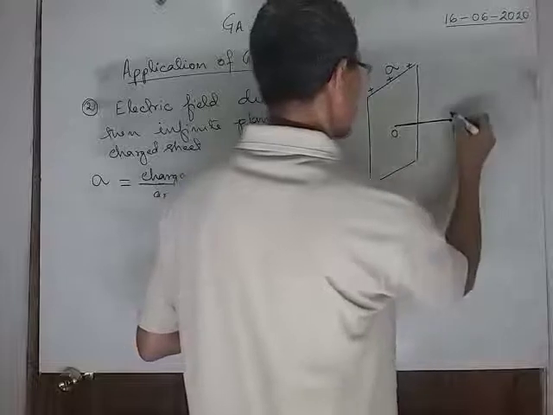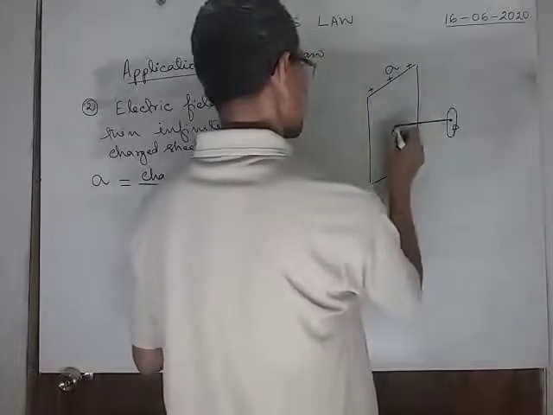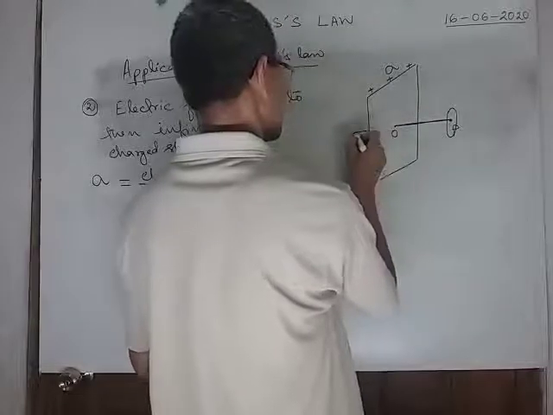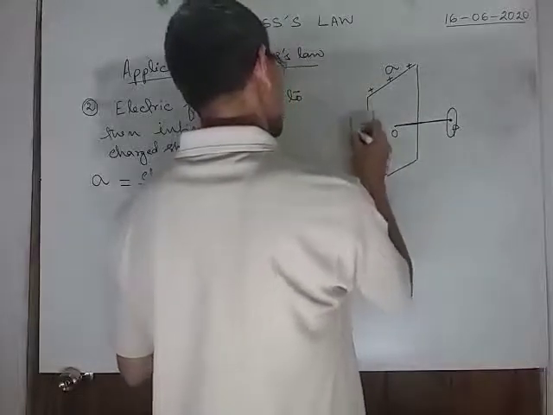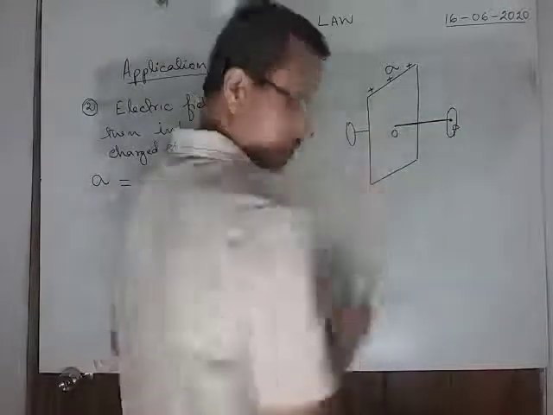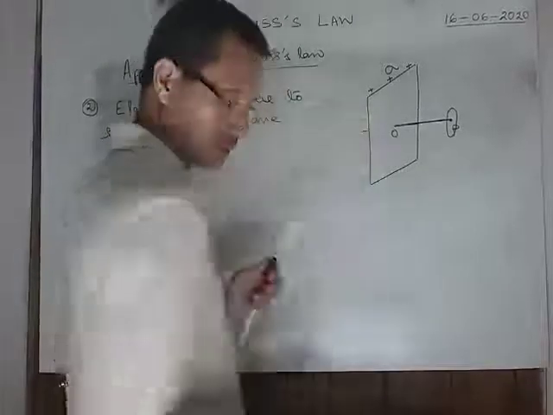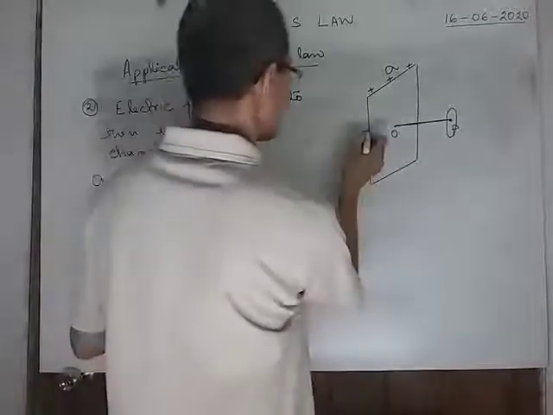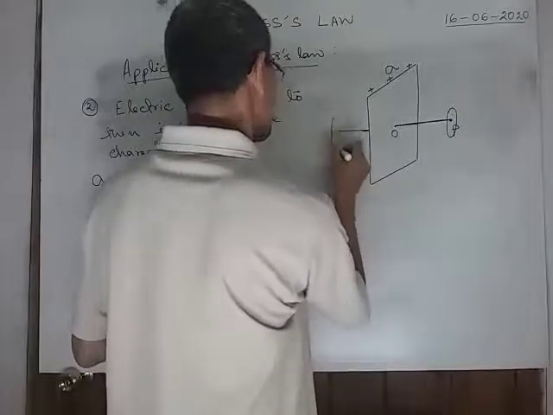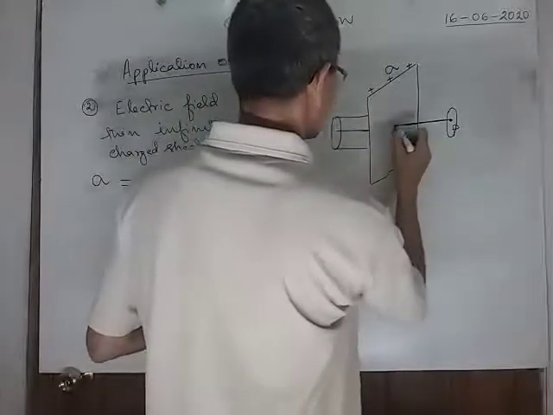Distance R, distance R. Since it is a little bit short, let me draw it a little bit longer like this, so that I can draw it somewhere here, and this will be the Gaussian cylinder.